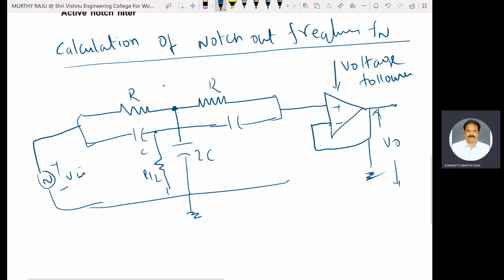Here we use some node voltages. Here A, here B, here V0.